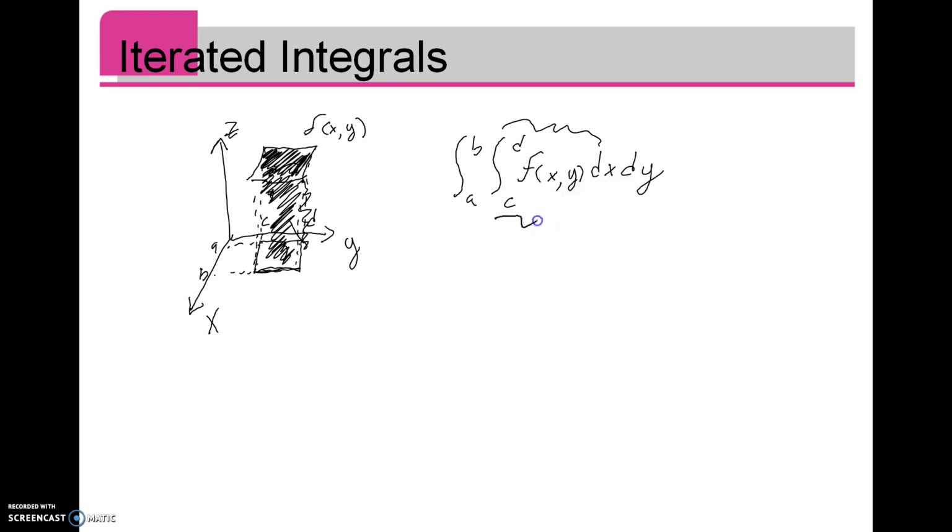So the inside integral here will be evaluated first, and then the outside integral, you'll go ahead and evaluate that.